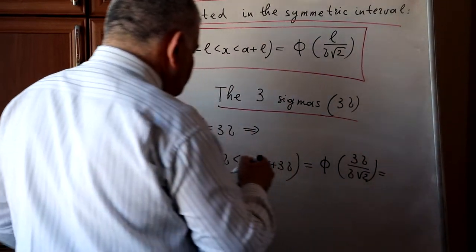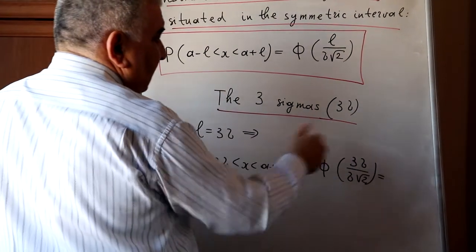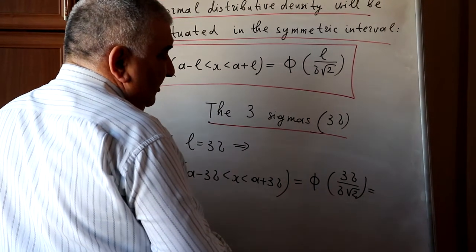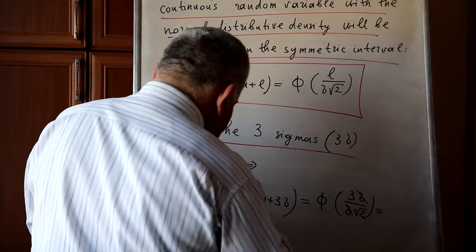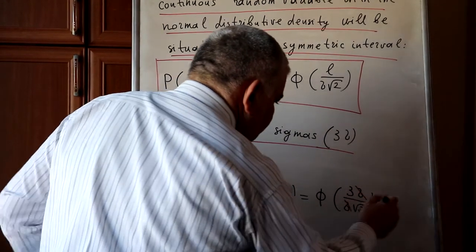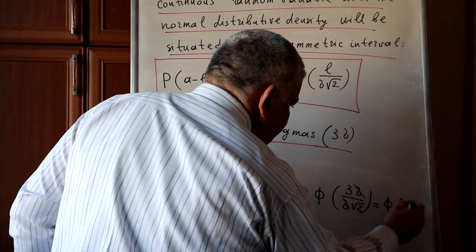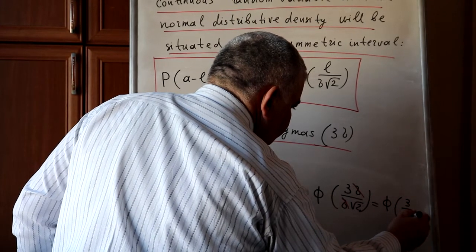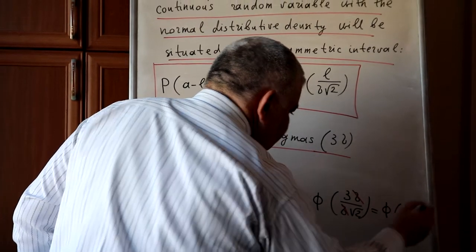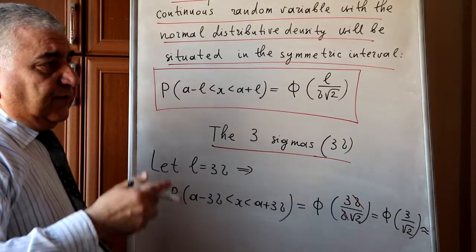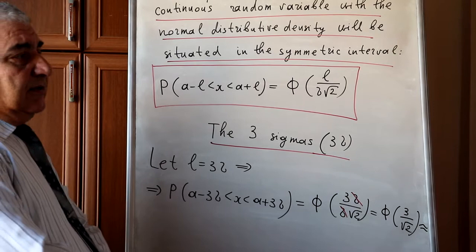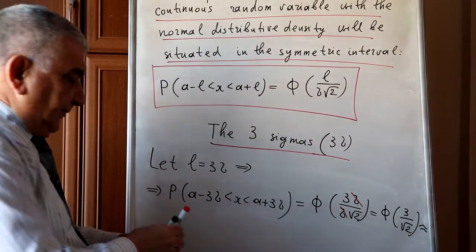Here we can simplify this fraction by sigma, then we will have phi of 3 over square root of 2, approximately is equal to, you know that the square root of 2 is approximately equal to 1.4.